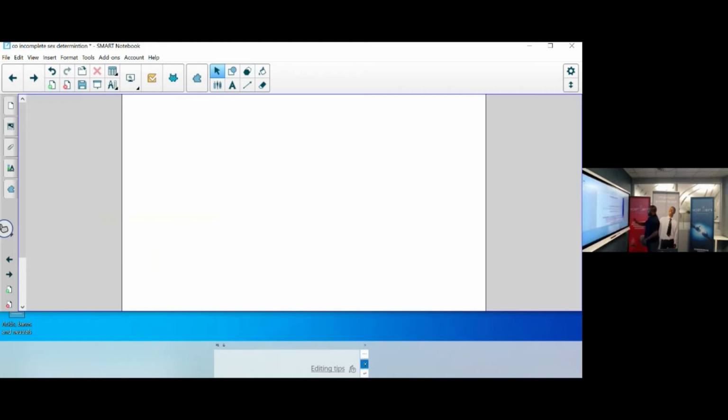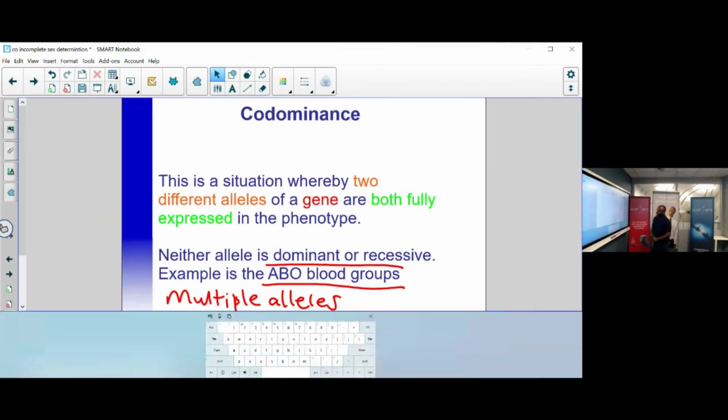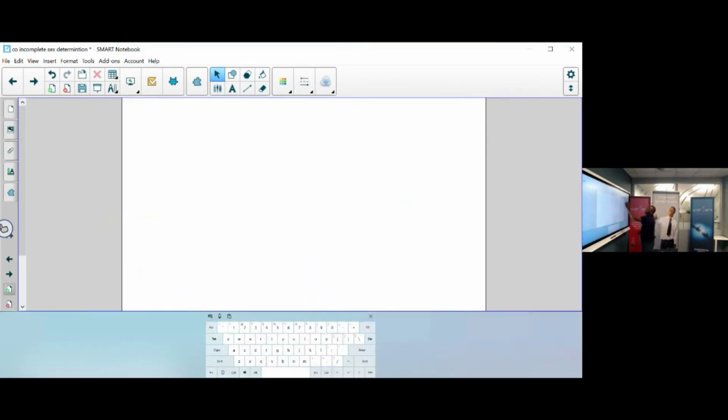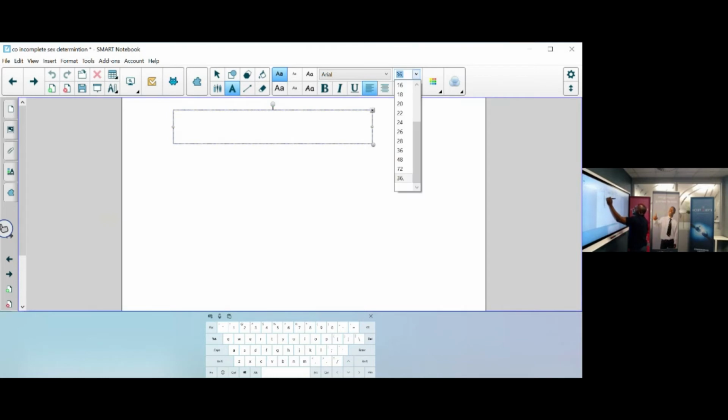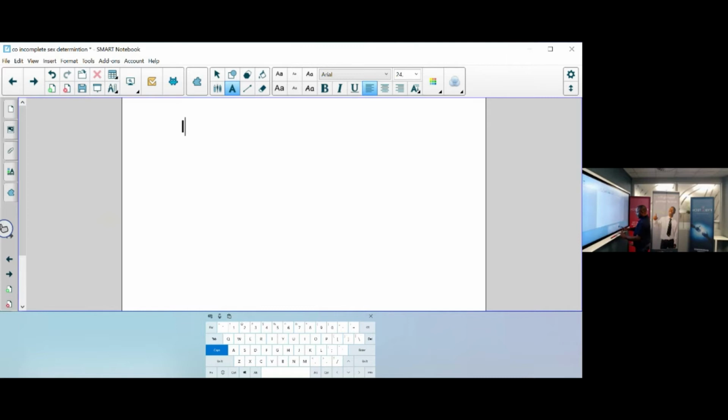Let's look at an example here that we can think of. Let us work this example together. Here's a scenario.